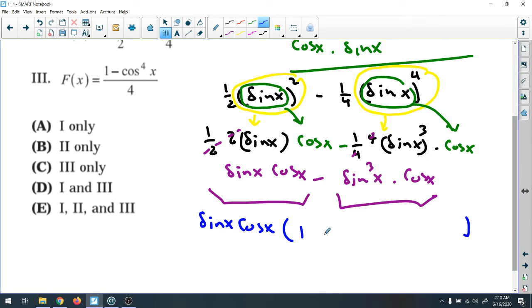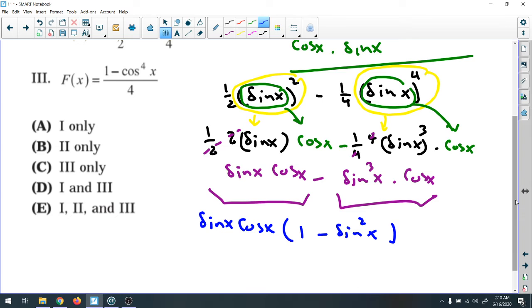Minus, when you divide sine to the third by sine to the 1, it will be sine to the second, and cosine cancels cosine. So what's left is sine x cosine x times 1 minus sine squared x.